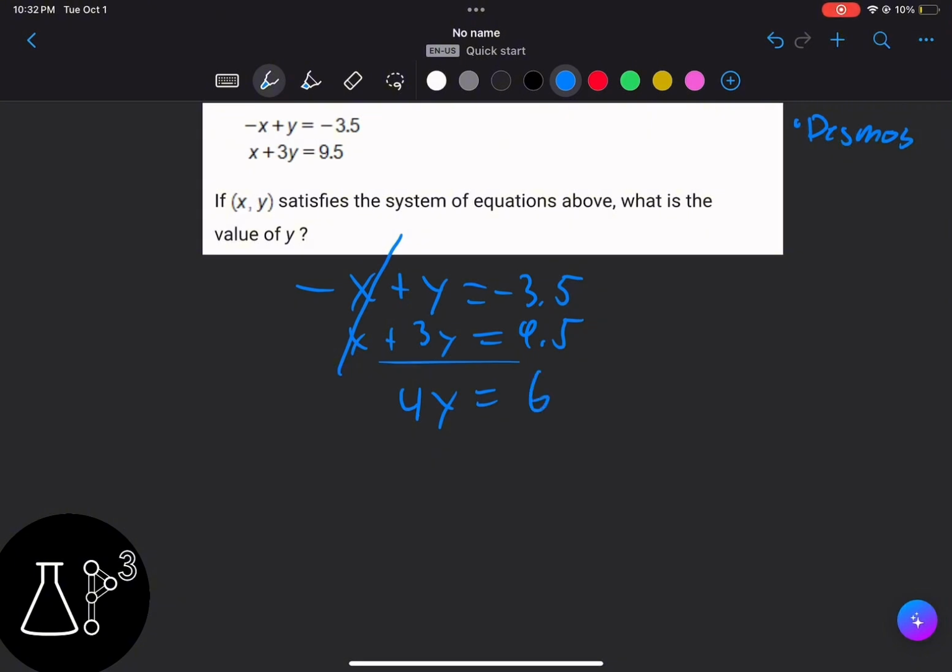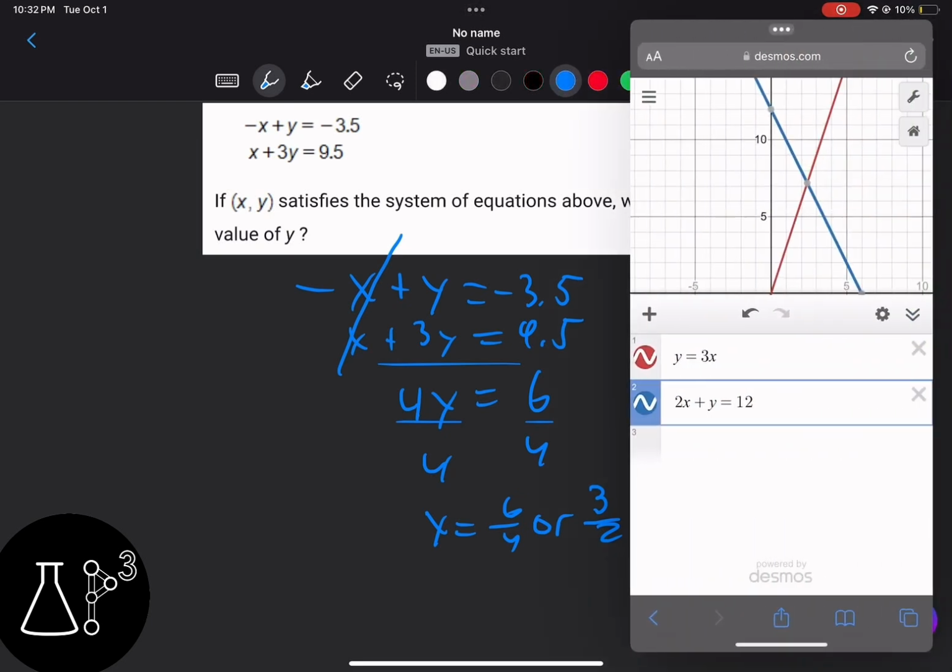So if we just divide by 4 on both sides, we are left with y equals 6 divided by 4, or if we simplify it, 3/2. And then 3/2 gives us a decimal, and you'll see why that's important when we use Desmos.